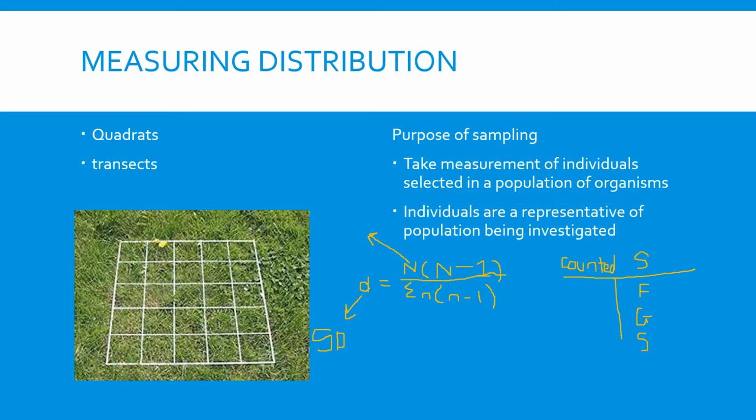So you have 10 flowers, 8 grass, and 9 shrubs. So your big N would be 3, because there are 3 different species. Your small n would be these numbers.